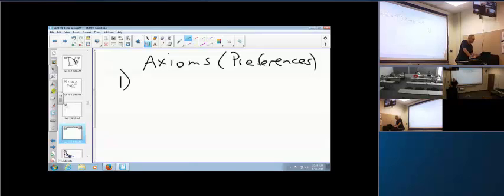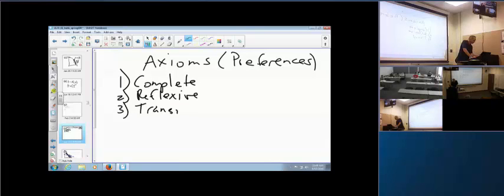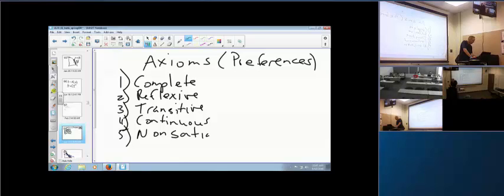1, that your preferences are complete. 2, that they are reflexive. 3, that they are transitive. 4, that they are continuous. 5, they are non-satiated. 6, they are monotonic.